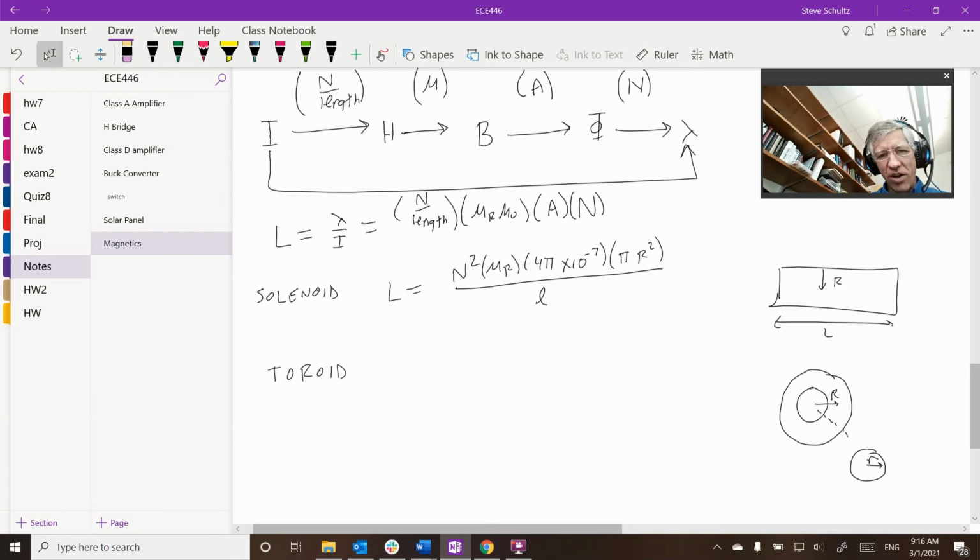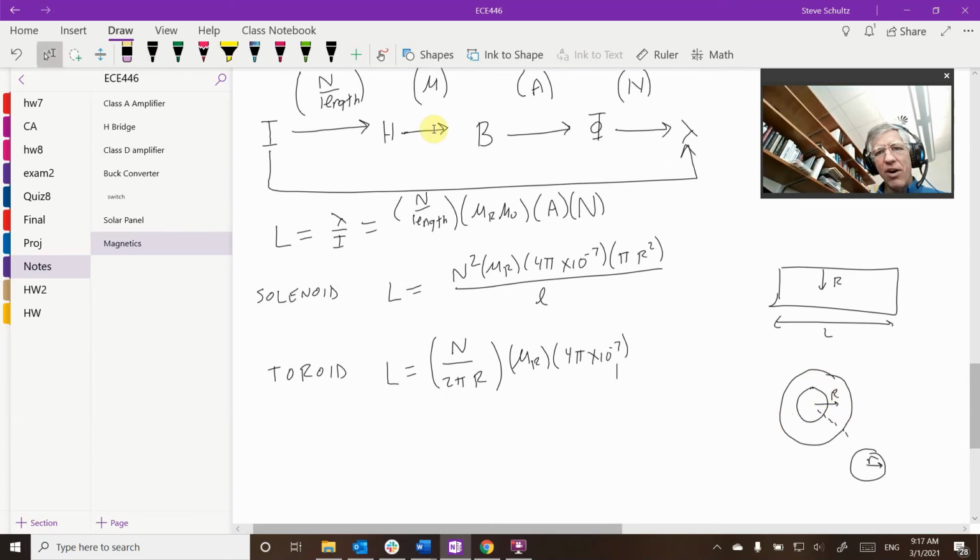We're going to start with N divided by my length, and my length is the part that goes around here. So my length is going to be 2 pi times big R. I'm going to multiply that times mu naught times mu r, and my mu naught is 4 pi times 10 to the minus 7.